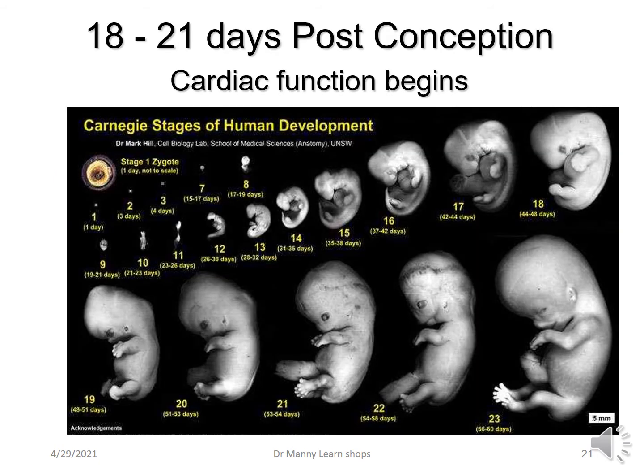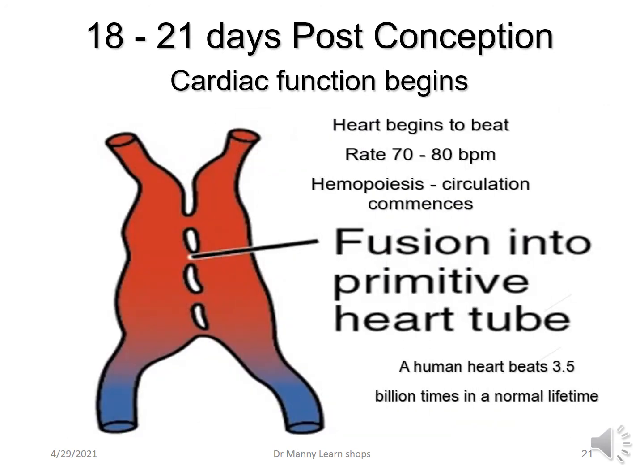Approximately 18 to 21 days post-conception, the heart actually begins to function in the developing embryo. During this stage, the heart begins to beat at a rate of approximately 70 to 80 beats per minute because hemopoiesis, red blood cell production, has already commenced.